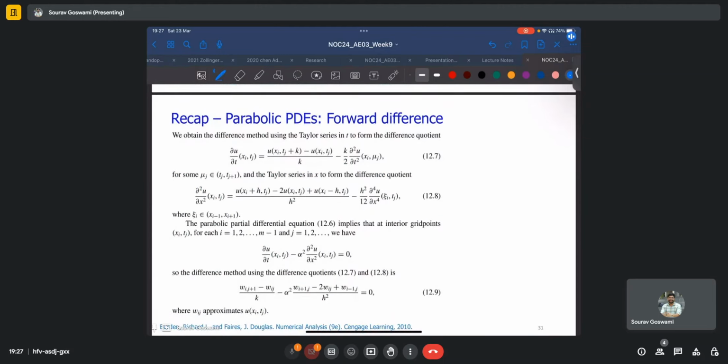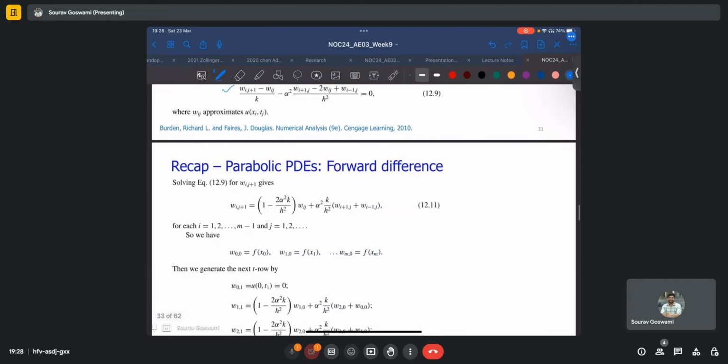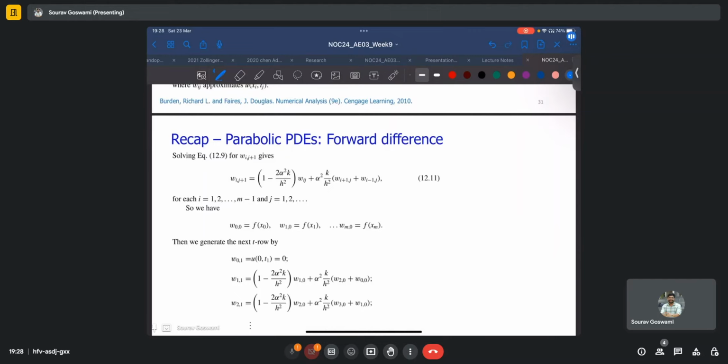Now the domain of the parabolic PDE may be discretized using a forward difference algorithm, such as one shown here, where each w_ij will approximate the temperature or the quantity u at x_i and t_j, and it can further be simplified.